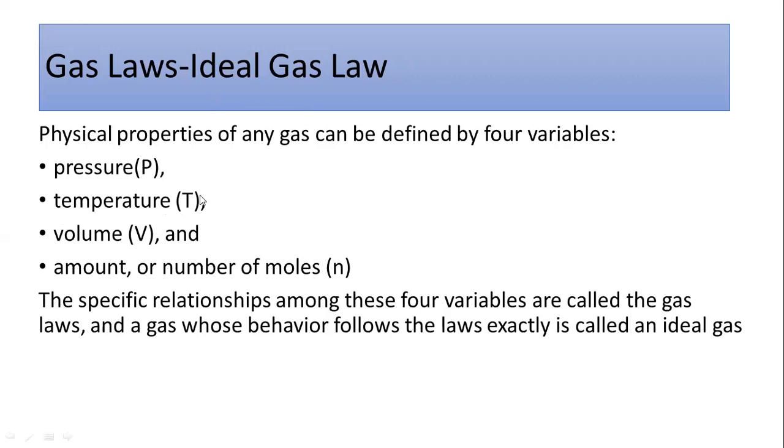The relationship between all four properties will drive the ideal gas law, and each one is an individual law. First we will discuss the relationship between these four properties, which are called the different gas laws, and later on we will move to the ideal gas law.